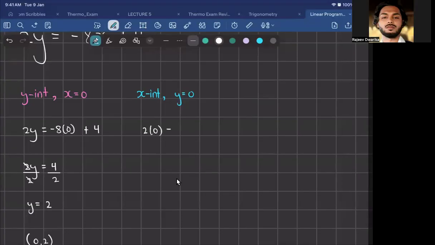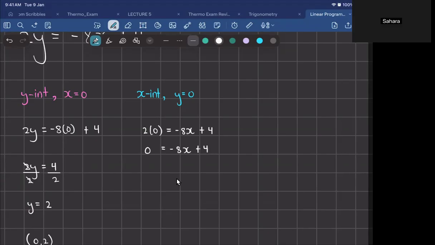So 2 times 0 will be equal to minus 8x plus 4. What's 2 times 0? 0. Right. What's the next step? You carry over the 0 to the right side, and the next line will be negative 8x plus 4 equals 0. Well, that's not a proper way to say it, eh?